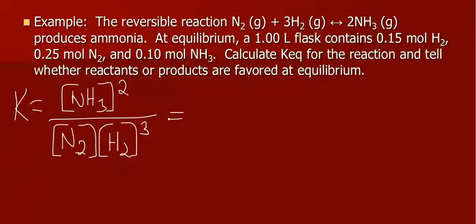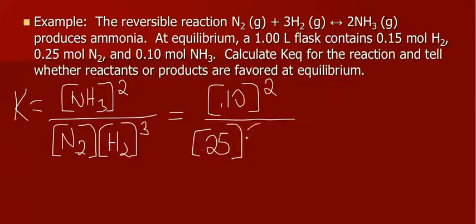Then we're going to plug in our numbers. Again, we're using molarity. So 0.1 molar squared divided by 0.25 molar, and then H2 is 0.15 molar, and that is cubed.